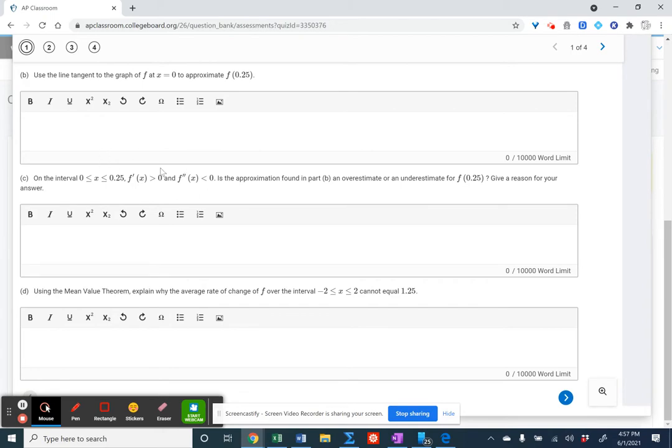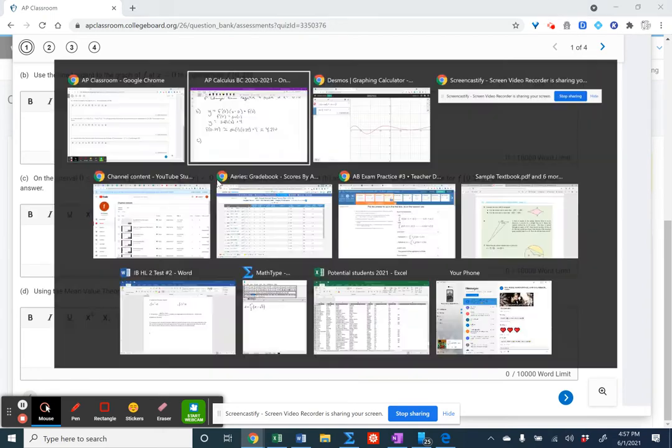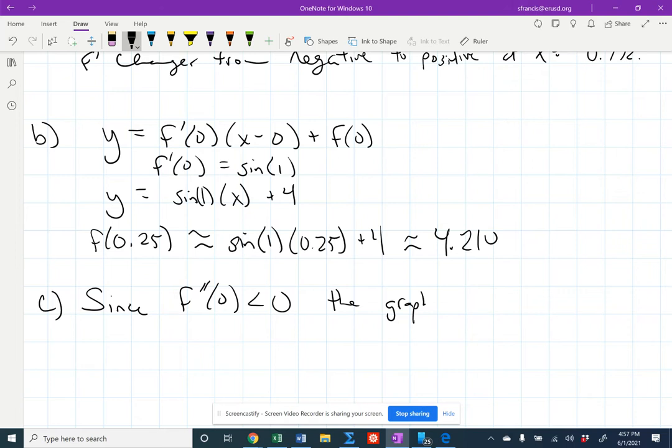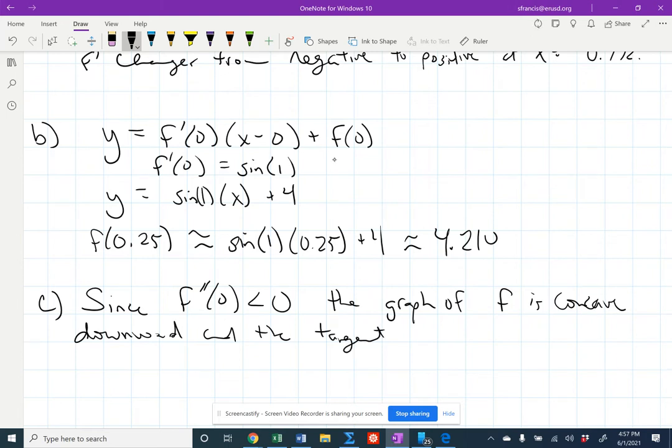Since the second derivative is negative, we'd say something like since f double prime of 0 is less than 0, the graph of f is concave downward, and the tangent line is above the graph of f.